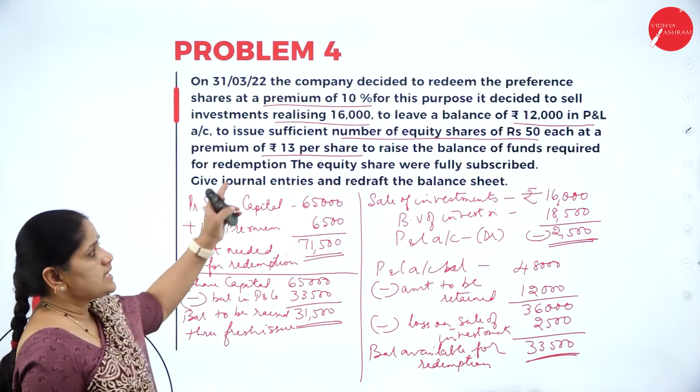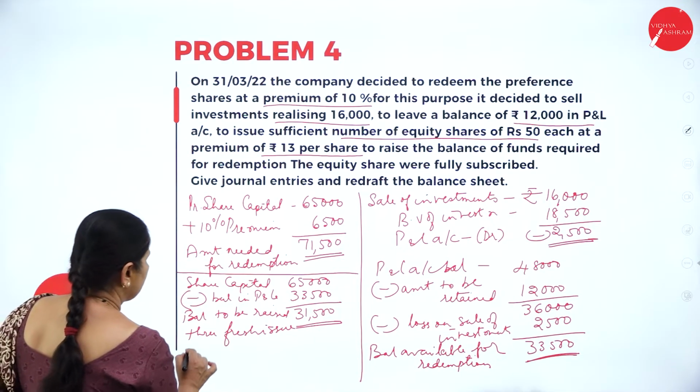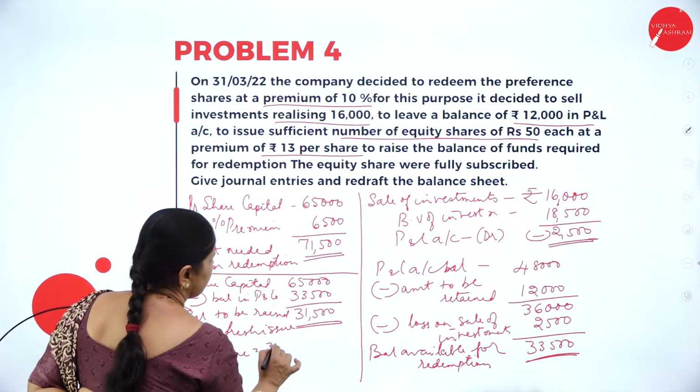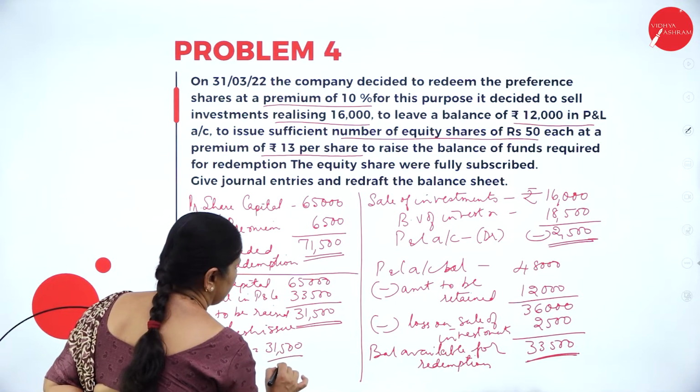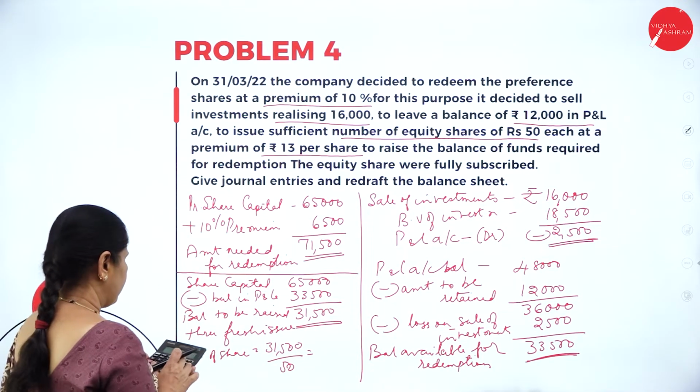So equity shares are being issued at rupees 50 each. So the number of equity shares equals 31,500 divided by 50, since each share value is 50 rupees.